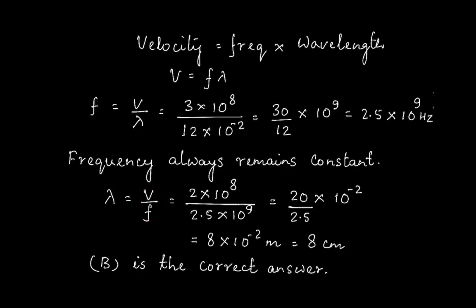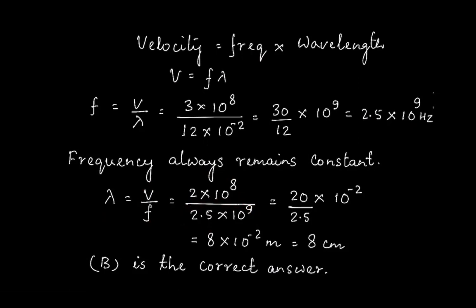That would be 2 times 10 raised to the power 8, because the velocity of the wave in the plastic container is given to be 2 times 10 raised to the power 8, divided by the frequency. The frequency we just calculated is 2.5 times 10 raised to the power 9, and frequency never changes, so the frequency in the plastic medium would still be 2.5 times 10 raised to the power 9.